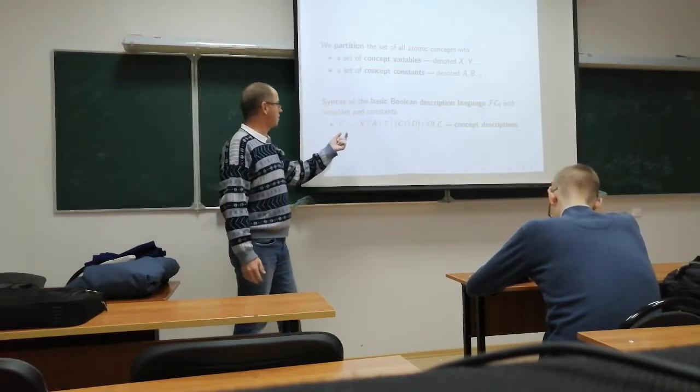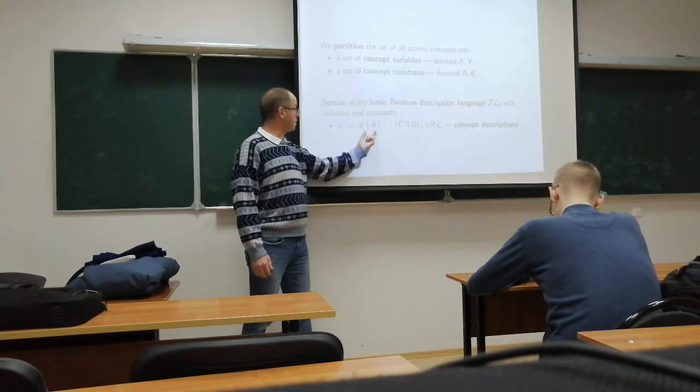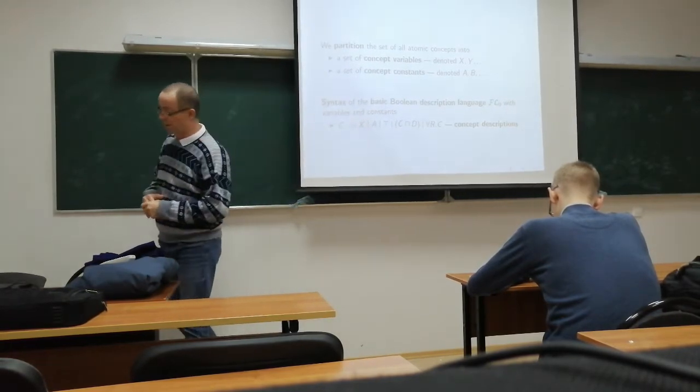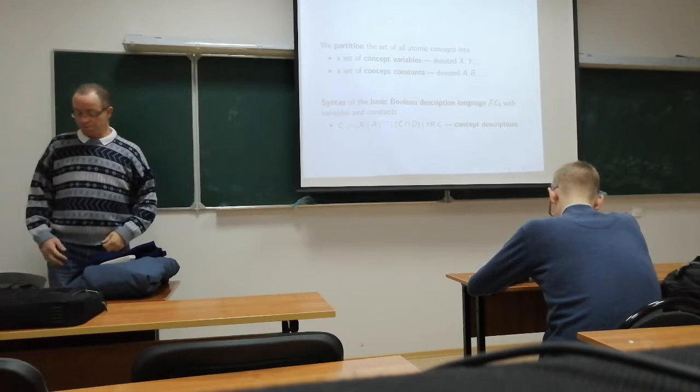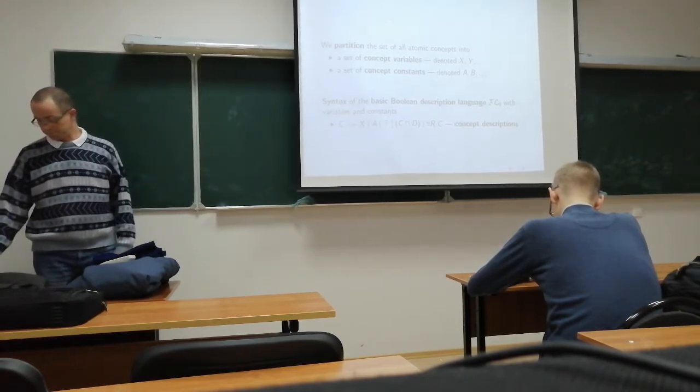So in the setting of unification in description logic, FL0, we have the same syntax, except that here we have two kinds of atomic concepts, constants and variables, or parameters. We can consider that constants are like parameters. Rybakov, in his book, talks about parameters.